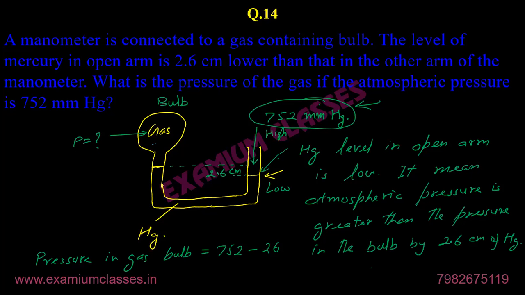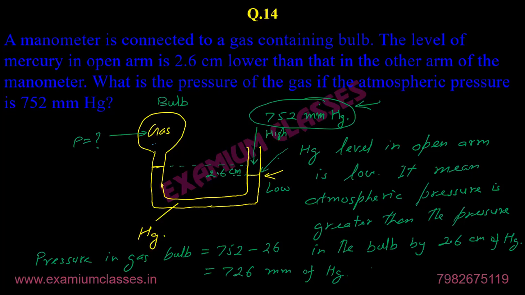So I'll subtract that pressure and we'll get the pressure inside the bulb. That will be the answer. What is the difference in the mercury level? The difference is 2.6 centimeter, means 26 millimeter is the difference between these two pressures.